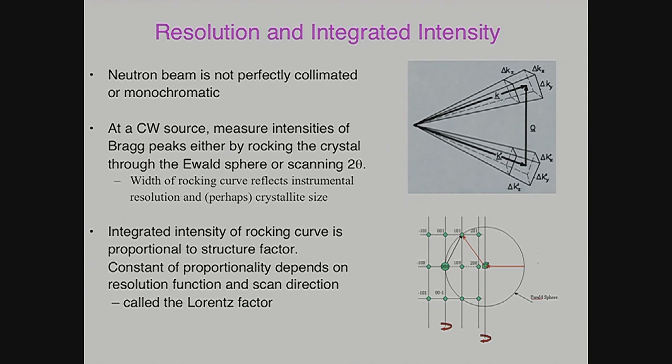Because you want to measure the intensity of something which integrates over this distribution of wave vectors. And because of that, you have to take account of these resolution corrections when you're measuring the intensity of Bragg peaks, and the intensity is modified depending on how you scan through the Bragg peak in reciprocal space.